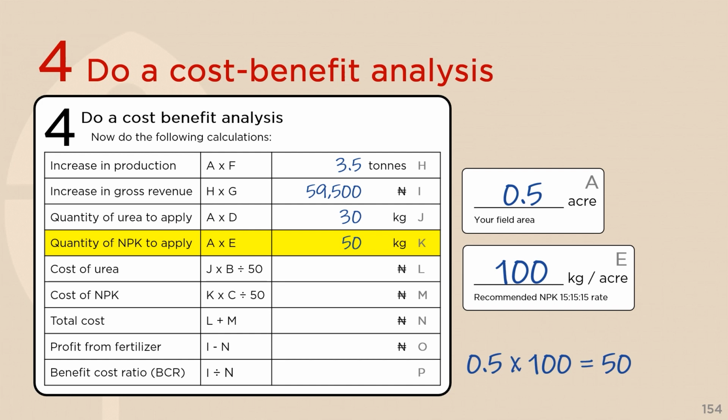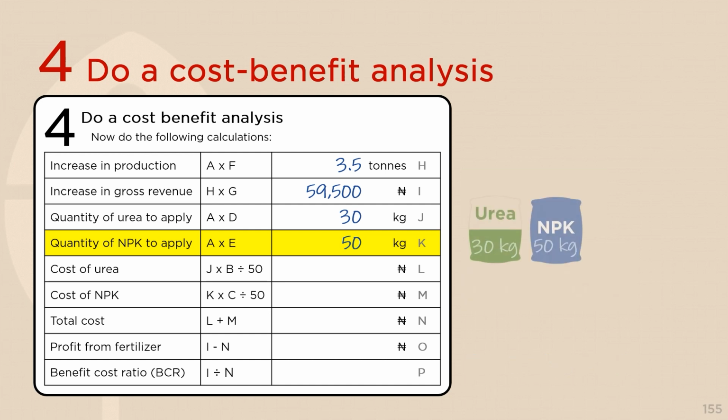That is 50. The amount of NPK 15-15-15 to apply is 50 kg. We note this down in the table. Remember, we had already shown earlier how to convert recommended fertilizer rates per acre to the amounts needed for your field. Let's go on to the next row in the table.